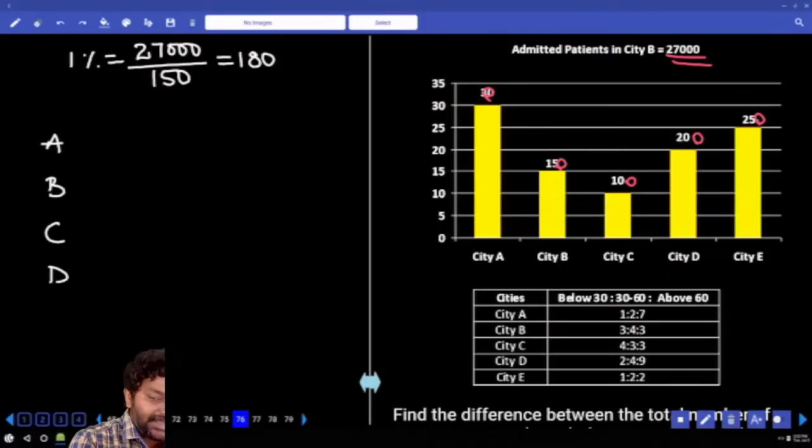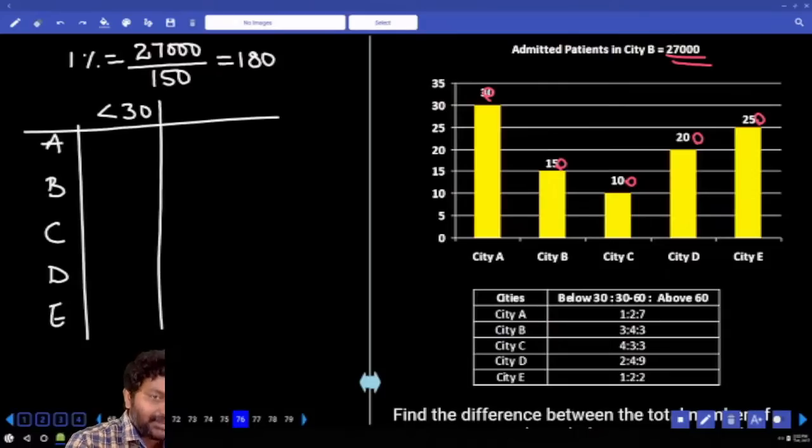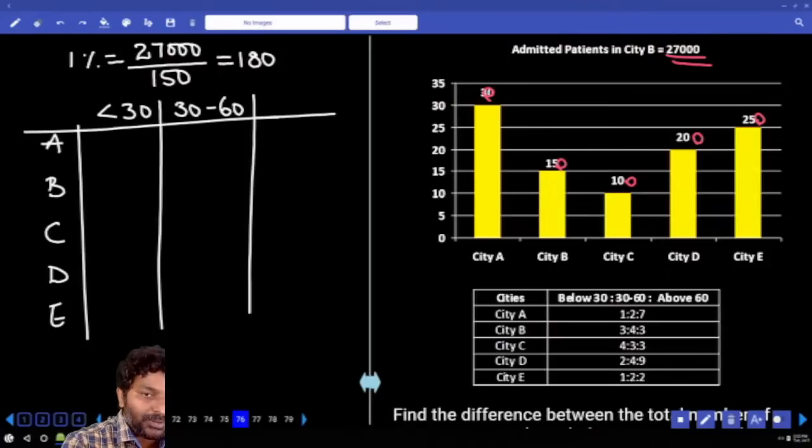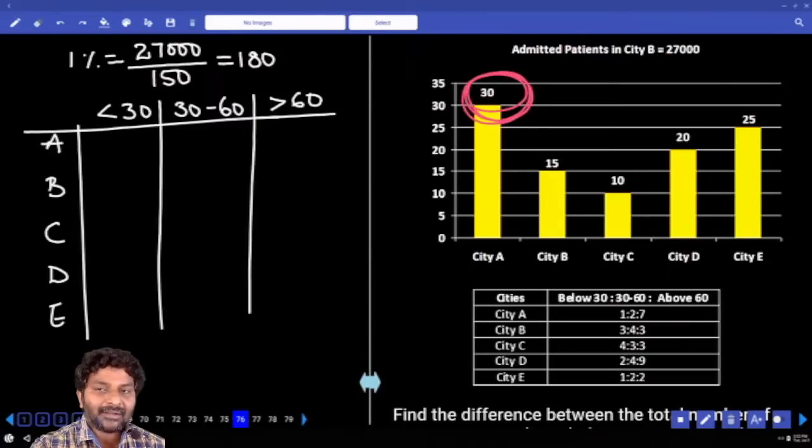A, B, C, D and E. There are 3 categories. Number 1: less than 30. Next: 30 to 60. Next: above 60. What is A's total value? 300.